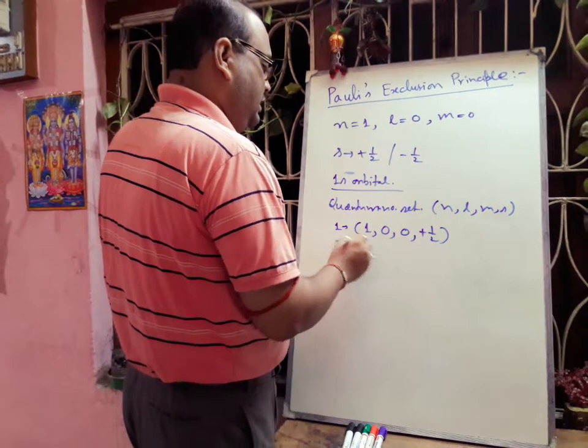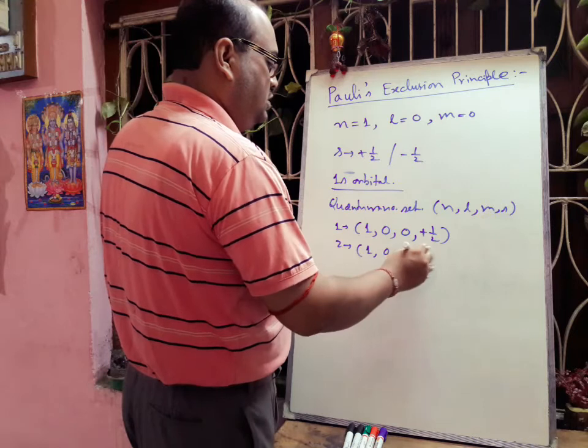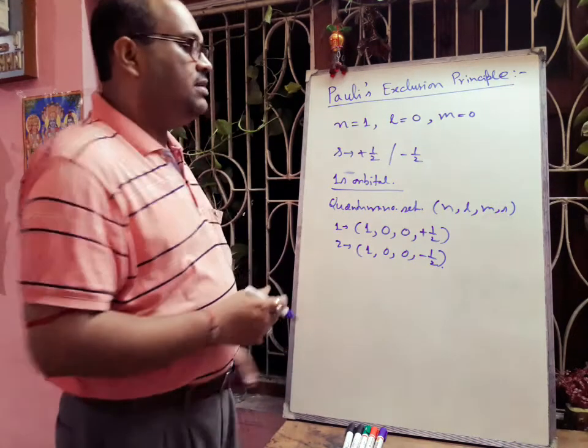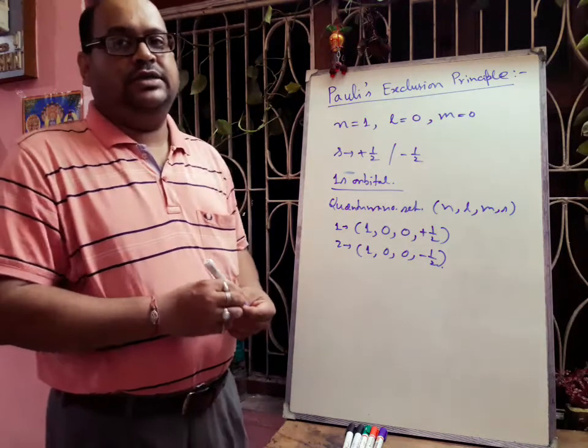For another electron, the second electron will be 1, 0, 0, minus half. So here all the 4 quantum numbers are not the same. These 3 are the same, but the spin number is not the same.